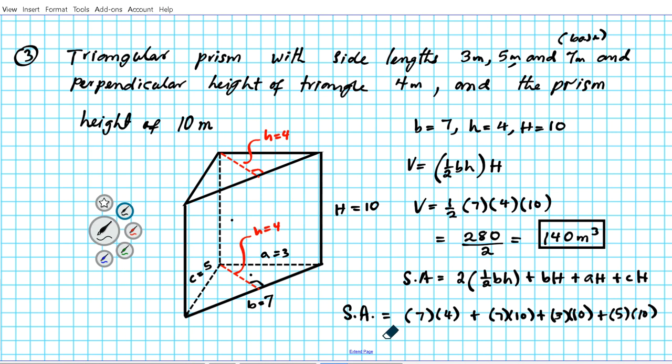Okay, so let's go ahead and work this out. 7 times 4 is 28, plus 70, plus 30, plus 50. Okay, so if we add all this up, 70 plus 30 is 100, right? And you add the other two, 78. So you have 178 meters squared as the surface area of our triangular prism. Okay, so that's that.